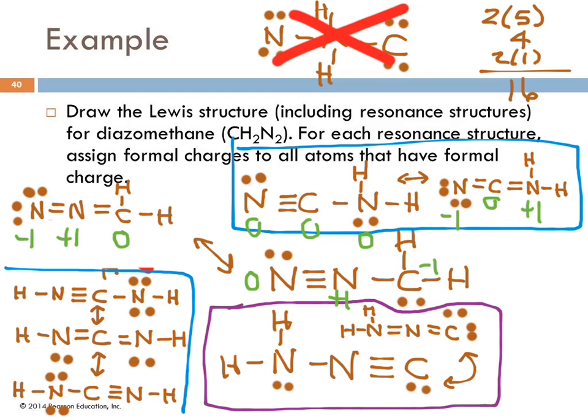Okay. So comparing this pair of resonance structures to this pair, which one wins? This first one wins, right? Because this guy had a 0. So we're going to take those off the table. Not because they're impossible, but because there's a better option.